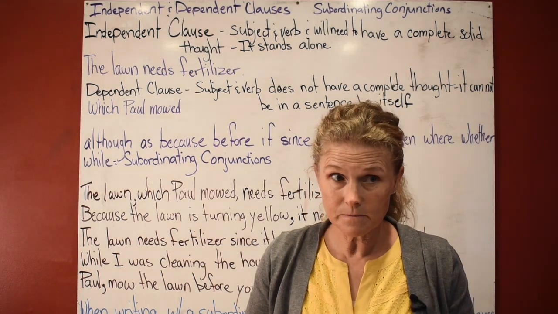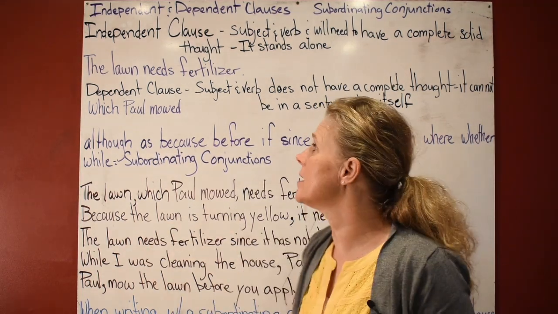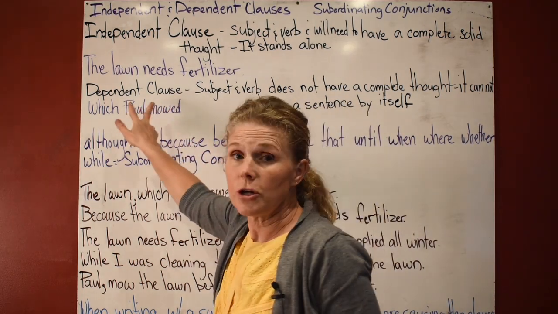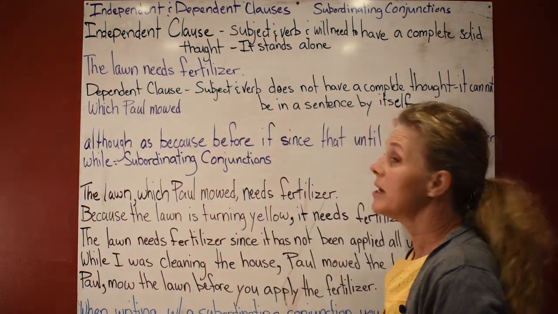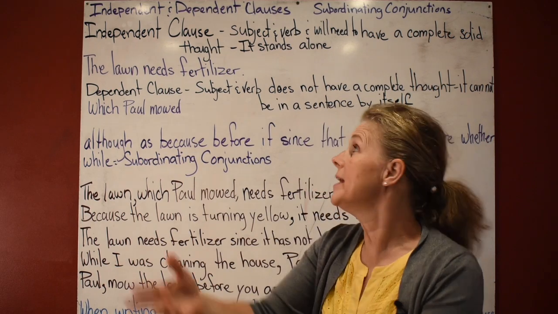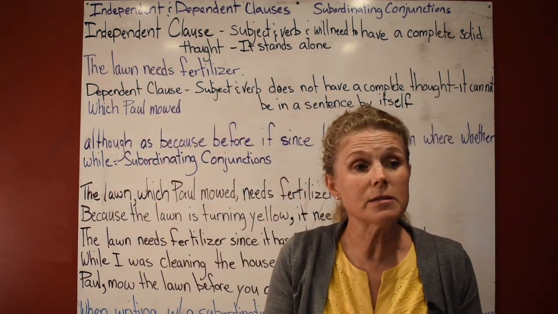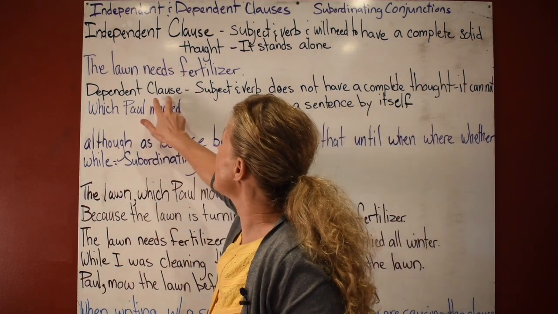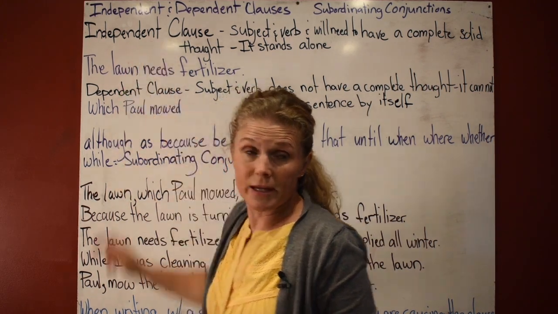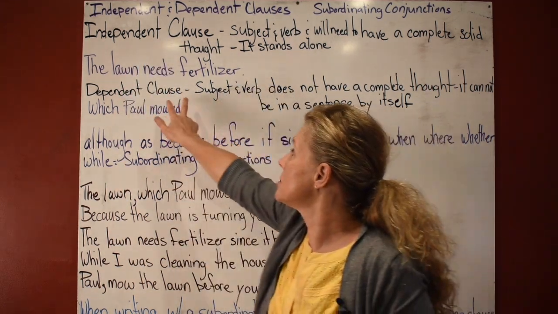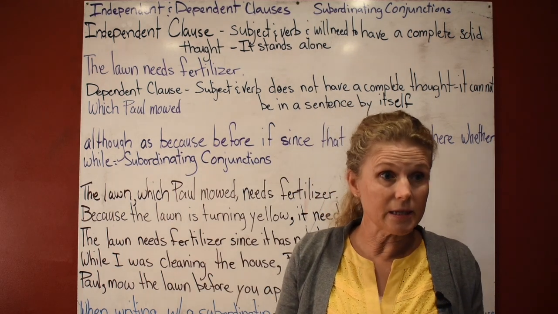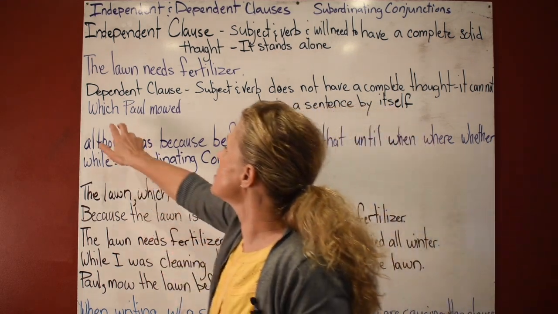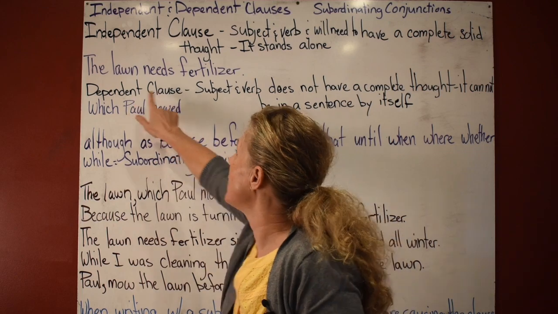Does that make sense? You have to live with us. Same with the dependent clause. It has to be with an independent clause to make sense. Okay? So a dependent clause has to sit with an independent clause to be able to be allowed to be in a sentence.